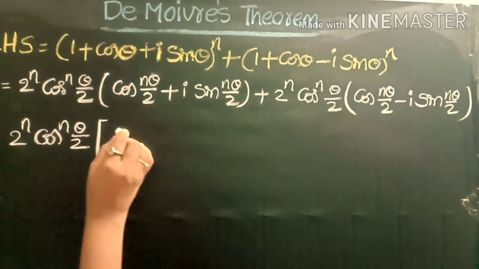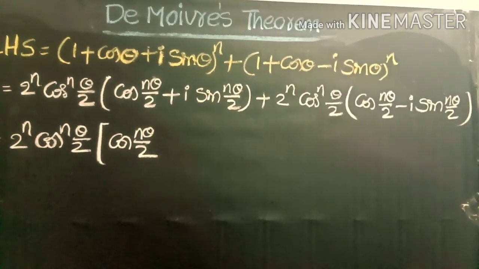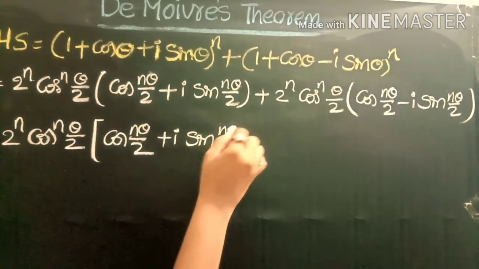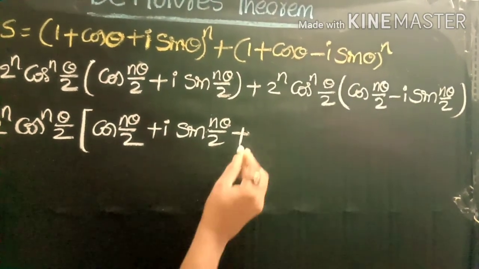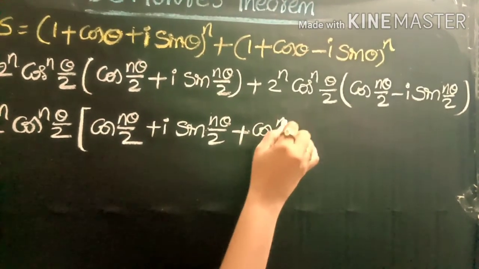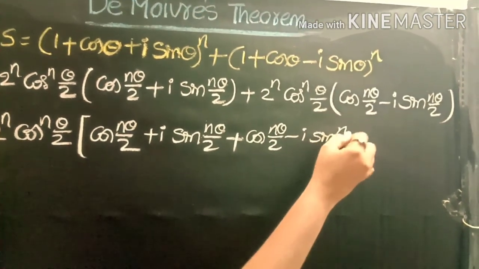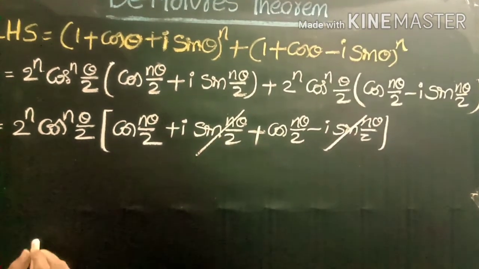Now the remaining terms are cos n theta by 2 + i sin n theta by 2 plus cos n theta by 2 - i sin n theta by 2. Now here + i sin n theta by 2 and - i sin n theta by 2 get cancelled.